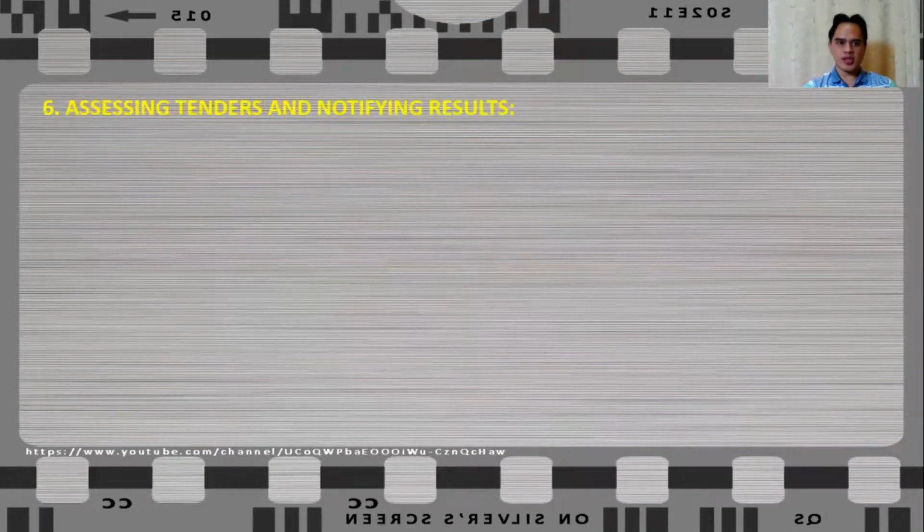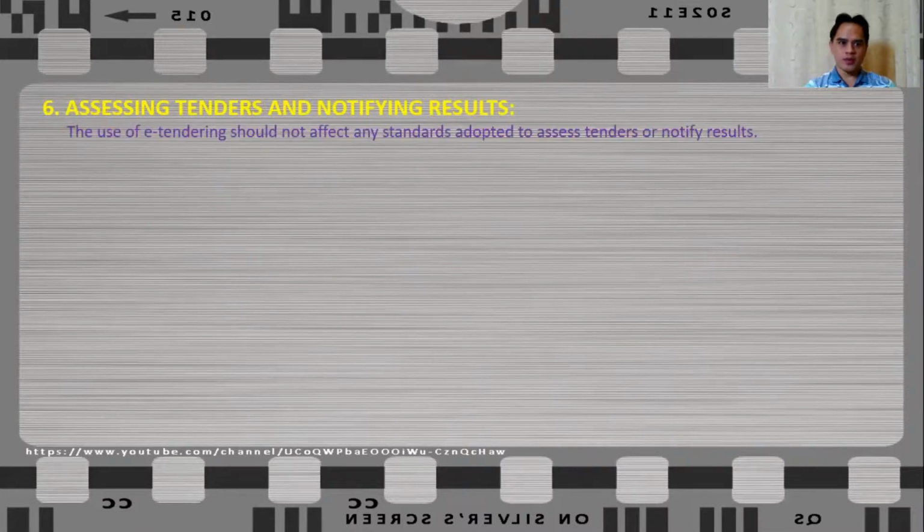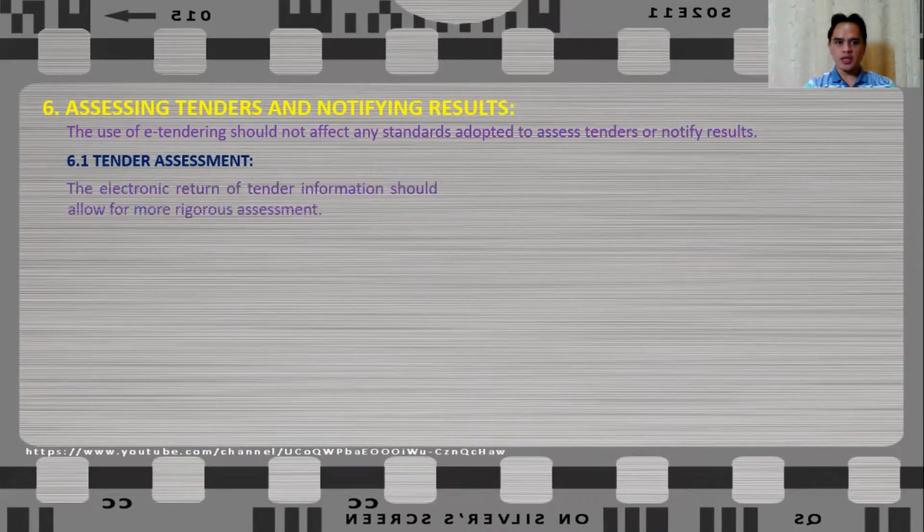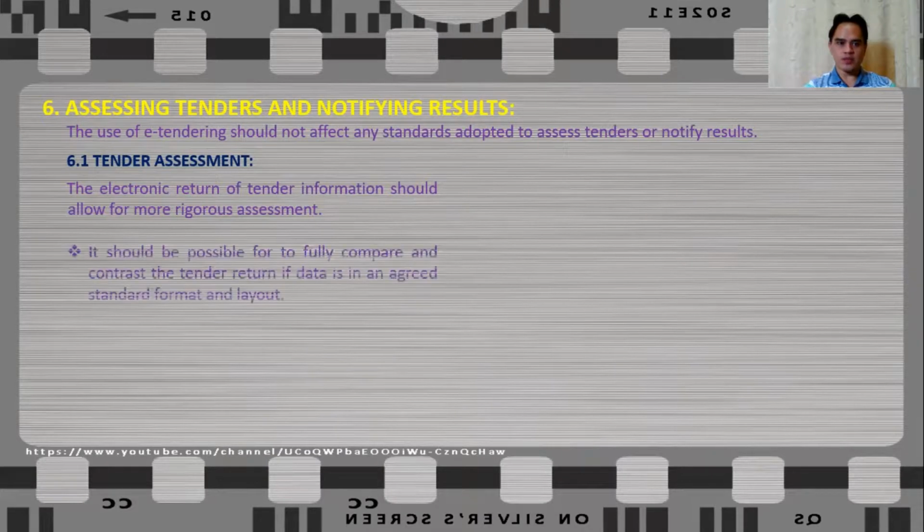Let us now discuss the assessment of tenders and notifying the results. The use of e-tendering should not affect any standards adopted to assess the tenders or notify the results. And for tender assessment, the electronic return of tender information should allow for a more rigorous assessment.